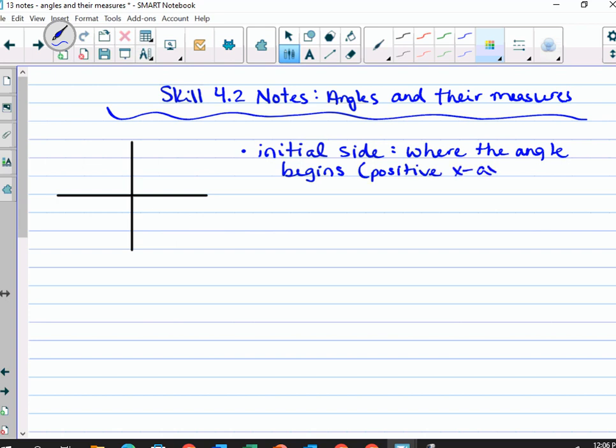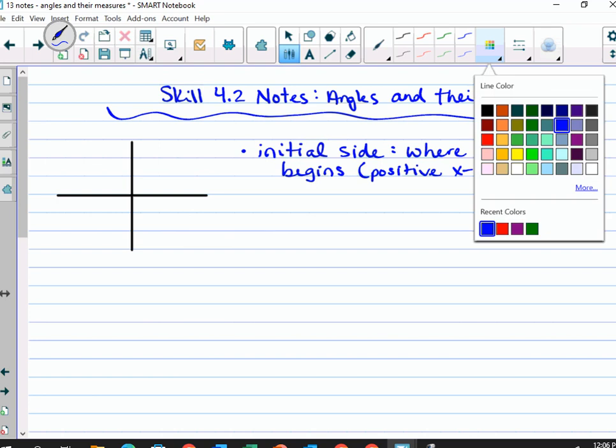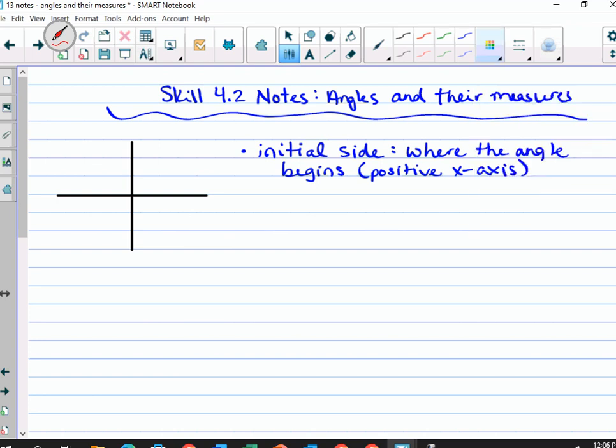So like the right side of the x-axis. So I've drawn a little angle over here. That is the initial side.